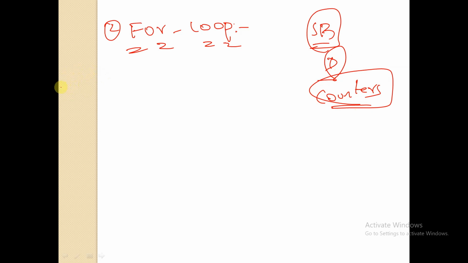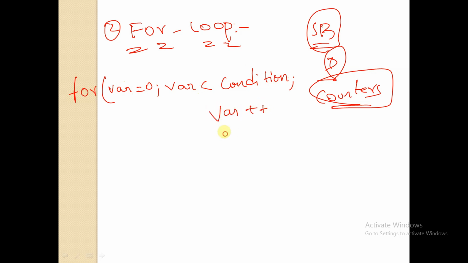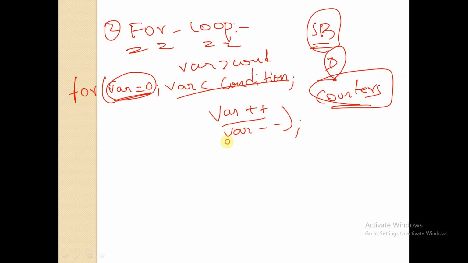Next, coming to for loop, the syntax for loop is for variable is equal to 0, variable less than some given condition, we can increment the variable or we can decrement the variable. So here basically we are first initializing the variable and we are mentioning some condition, whether it can be less than the condition or greater than the condition, and we can increment or decrement the variable.